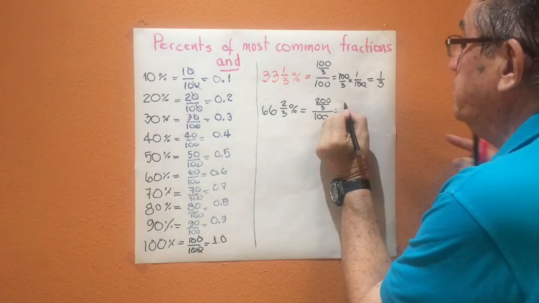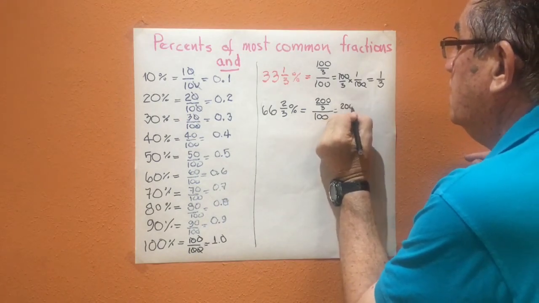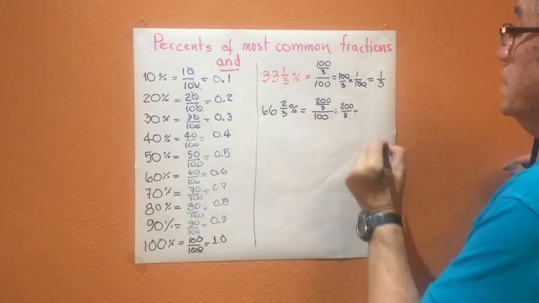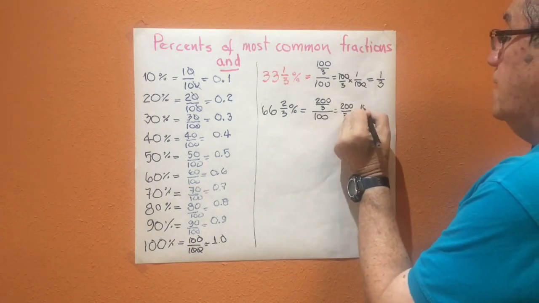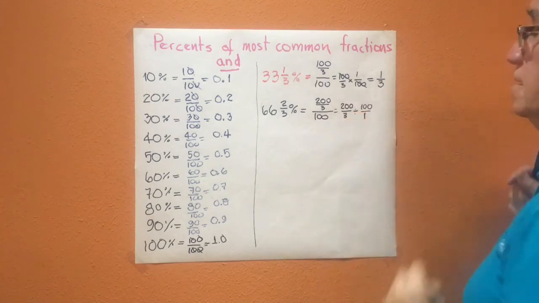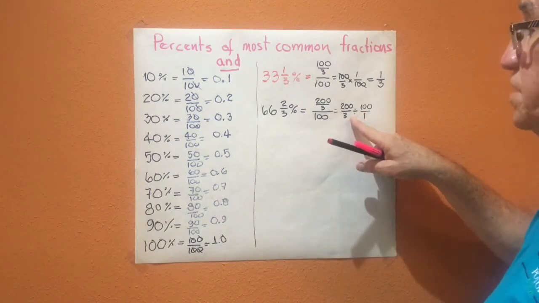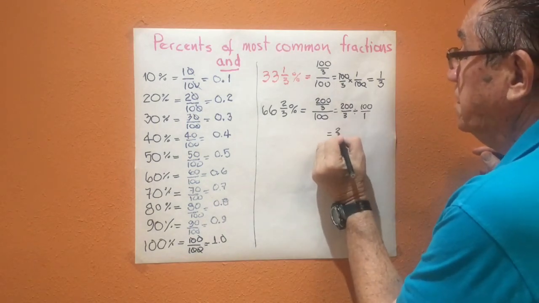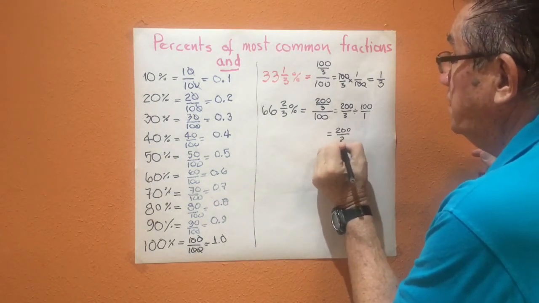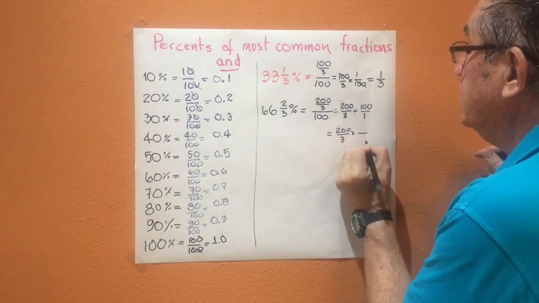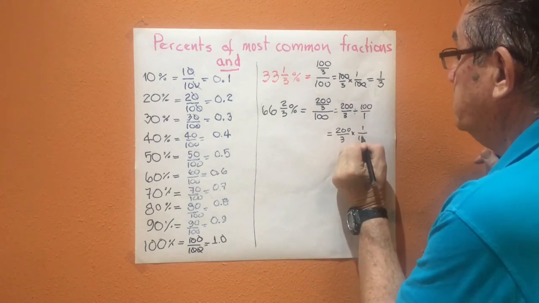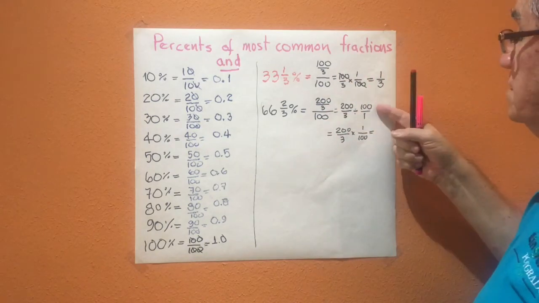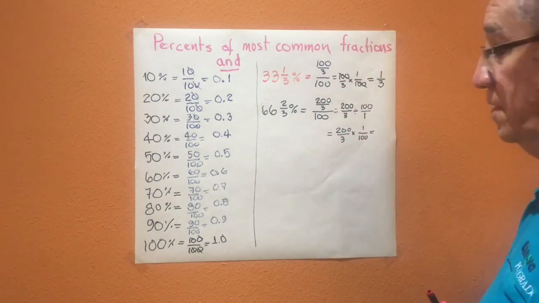I will do it in a more detailed way. If it was a division, this should be divided by 100, right? But since I have to change this division into multiplication to make things easier, what I have to do is change this into a multiplication by changing this fraction into the inverse.